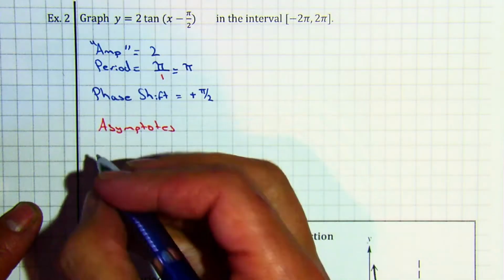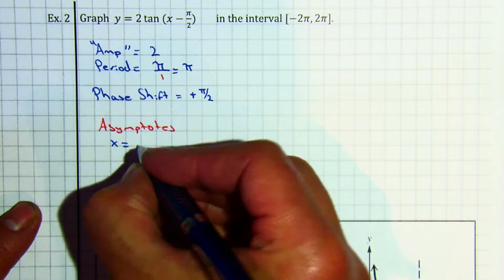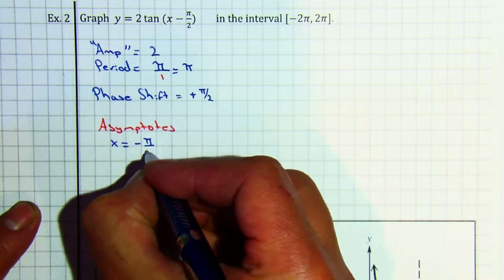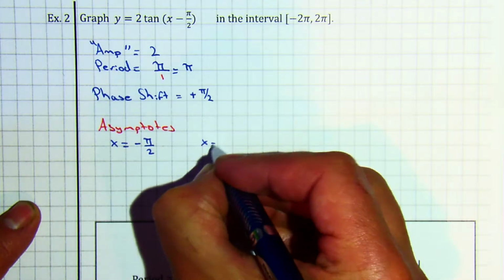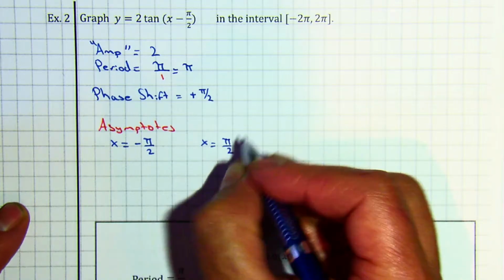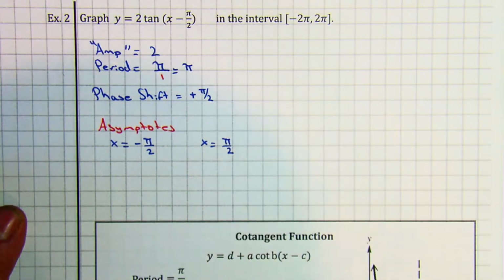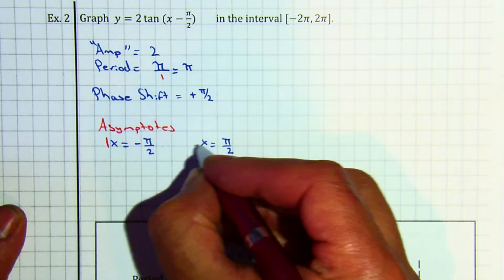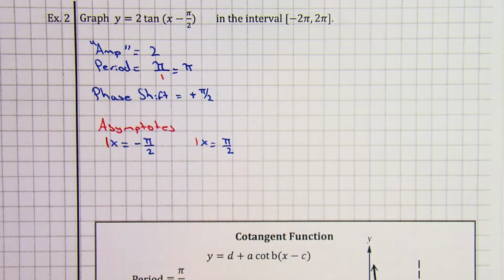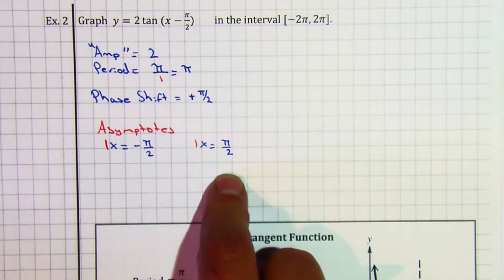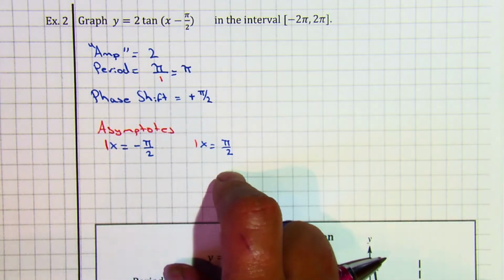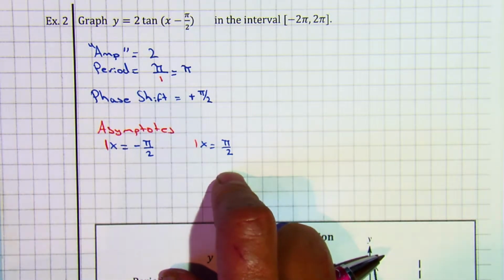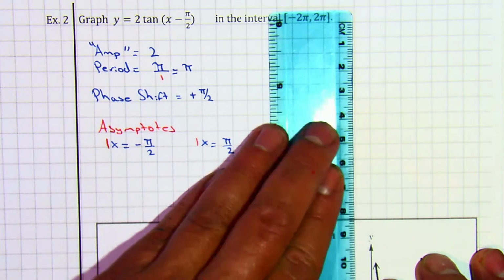Your asymptotes are going to be x equal to negative pi over 2 and x equal to positive pi over 2. And then let's not forget the b, but in this case, b is 1. So those are your 2 asymptotes. So let's go and start building, and then we can talk about your phase shift.